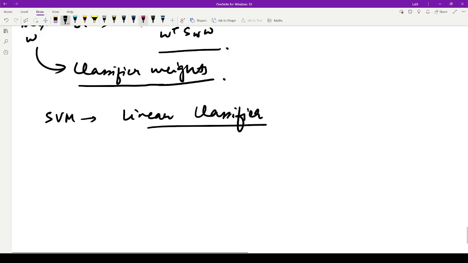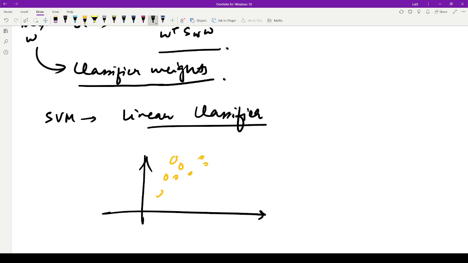So what it tries to do is, if we have our data points like this, there are multiple classifiers that can classify this set of points into correct classes. The point is, what is the best classifier?